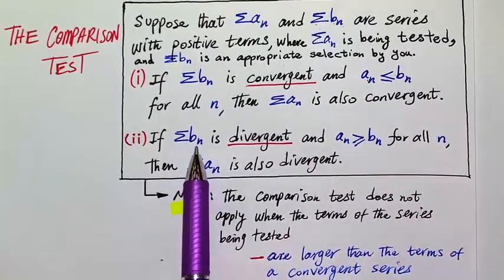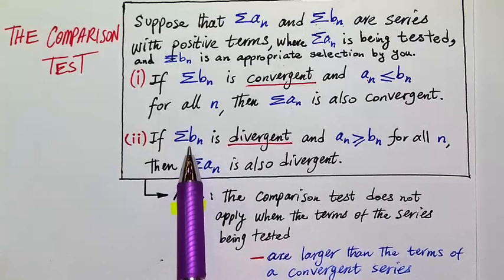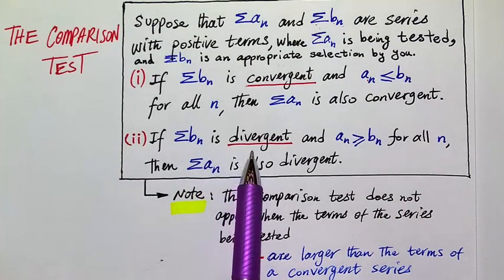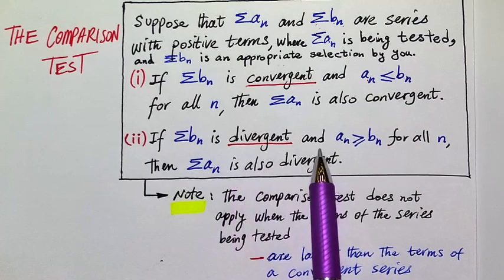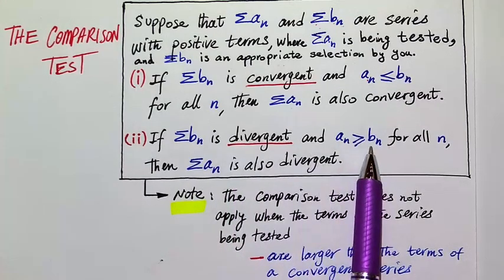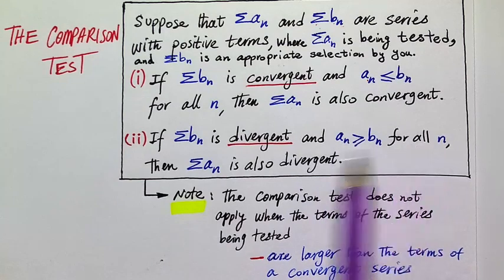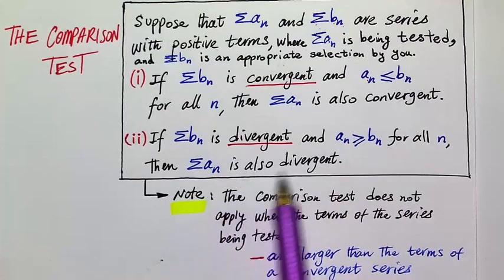Now, if the series that we've picked is divergent, and it is smaller than the series that we're testing for all values of n, then the series we're testing is also divergent.